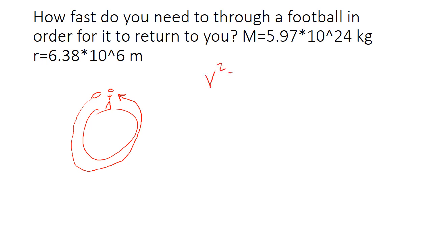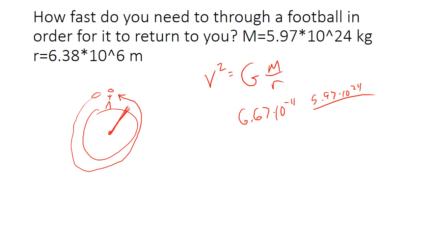So v squared is equal to GM over r. I remembered it after writing it enough, I guess. So G is 6.67 times 10 to the negative 11. M, the mass of the Earth, is 5.97 times 10 to the 24 still. And we're going to be dividing by the radius of the Earth, because you're right about at the surface here. Now, if you add 2 to this number, it's not going to change anything. 6.38 times 10 to the 6, no squared.